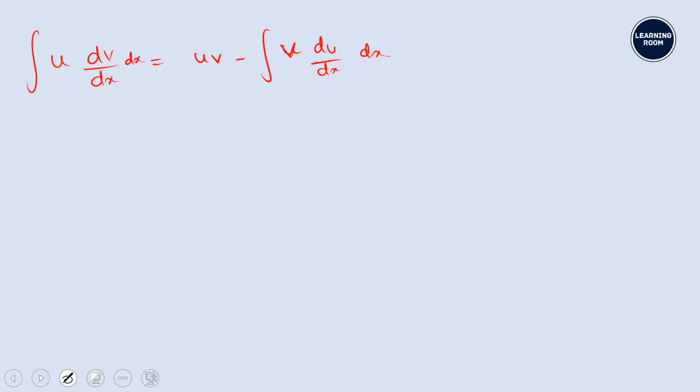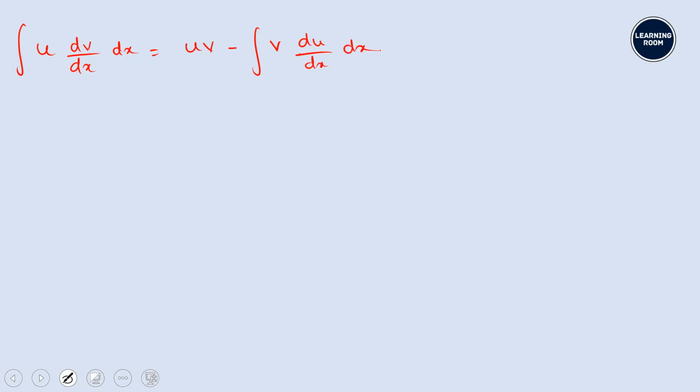Right, I repeat, integral of u into dv by dx. So I'll write it again so that you can remember. Please write it along with me. So integral of u into dv by dx of dx is equal to u into v minus integral of v into du by dx of dx.